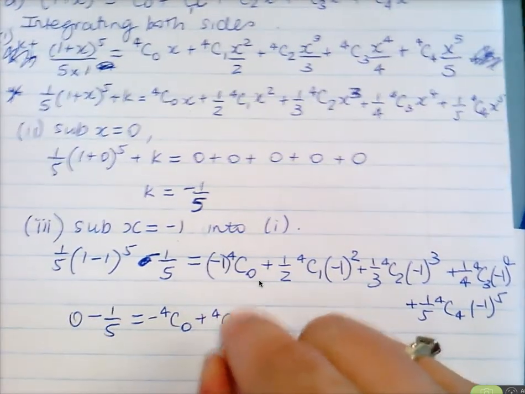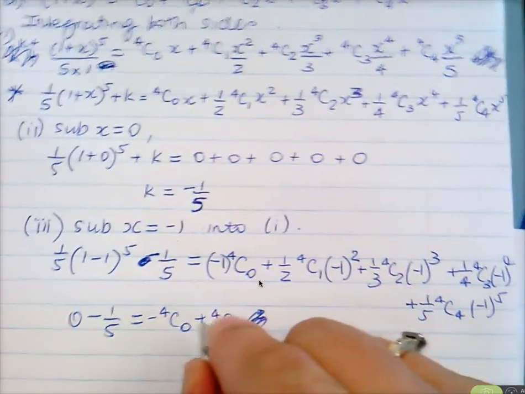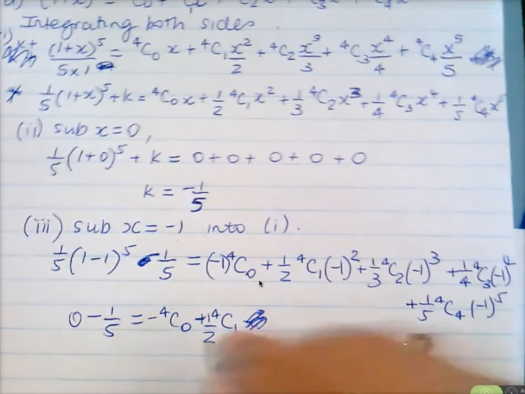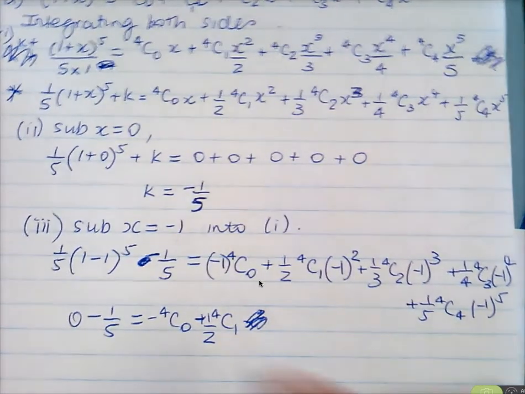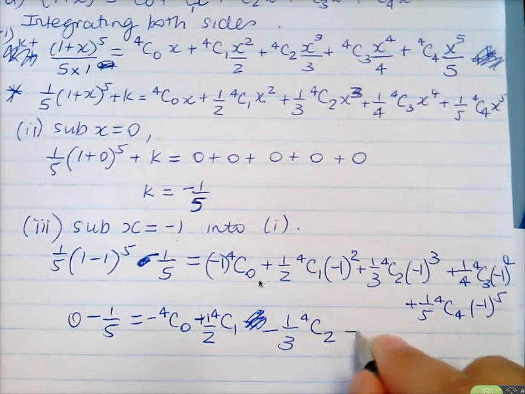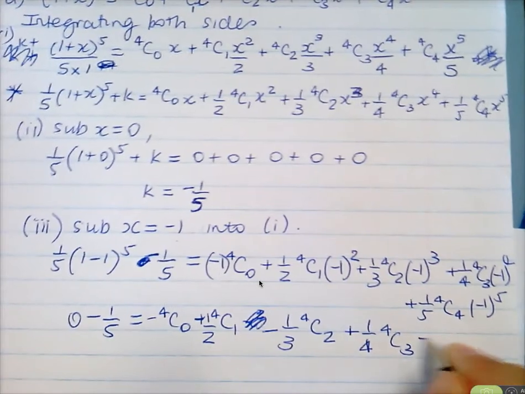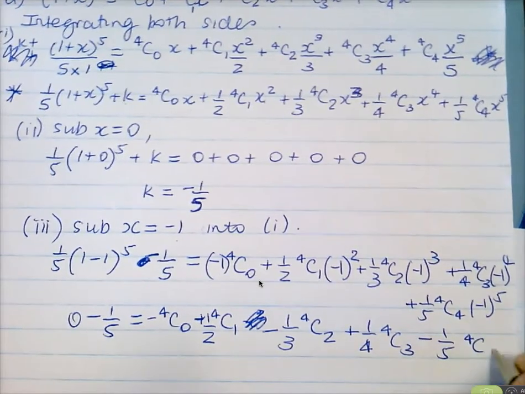Plus a half, 4 choose 1, what's next? Minus a third, 4 choose 2, plus a quarter, 4 choose 3, minus a fifth, 4 choose 4.